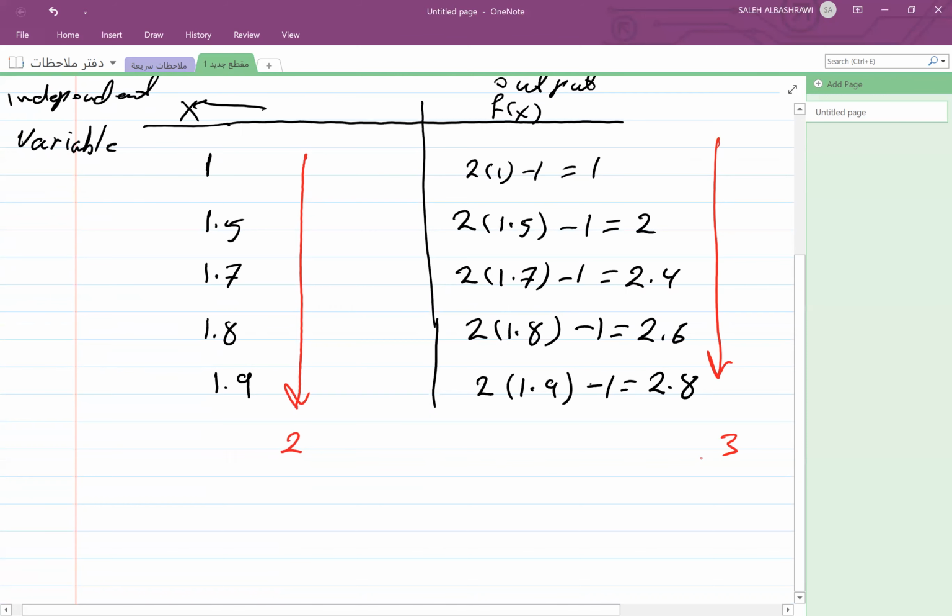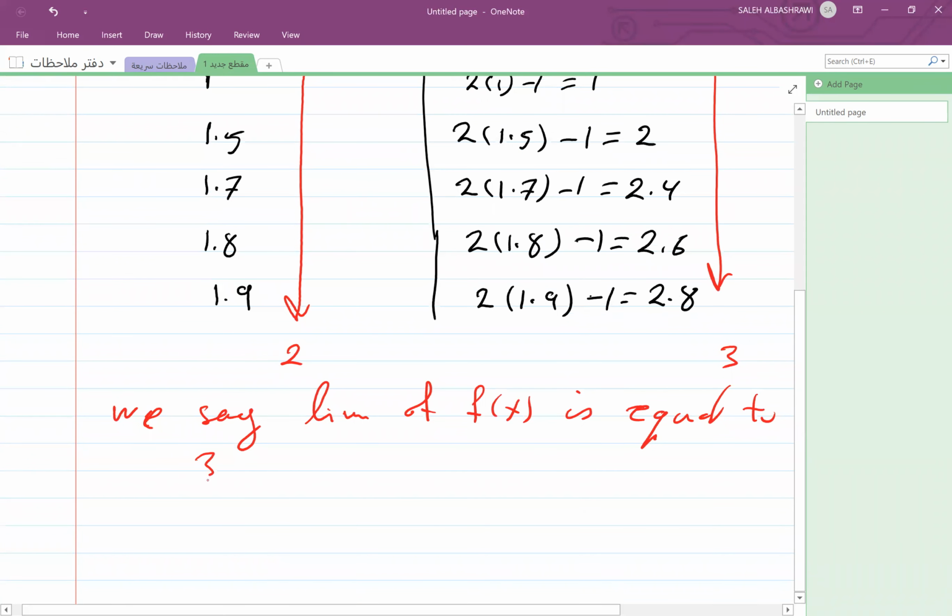So in this case, we say that the limit of f of x is equal to 3, but with one condition, because this output, or the limit of the function, depends on the value of x.